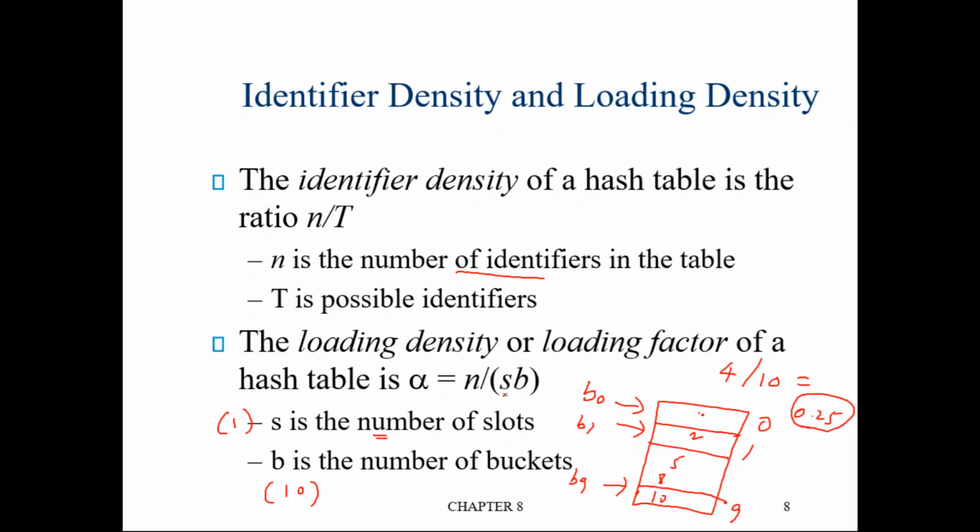Now assume that the number of slots is 2. Number of slots is 2 means in each location we can hold two values. Also assume the hash table contains only 4 values. So n is 4, s is now 2 and b is 10.